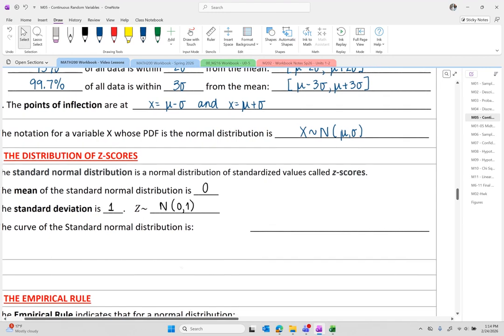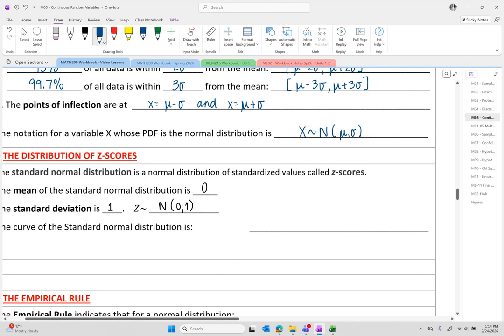And it looks like this. It is a bell-shaped curve. It is symmetric, so excuse my inaccuracies in my art. The highest point corresponds to the mode and also the median and also the mean, so that's 0.